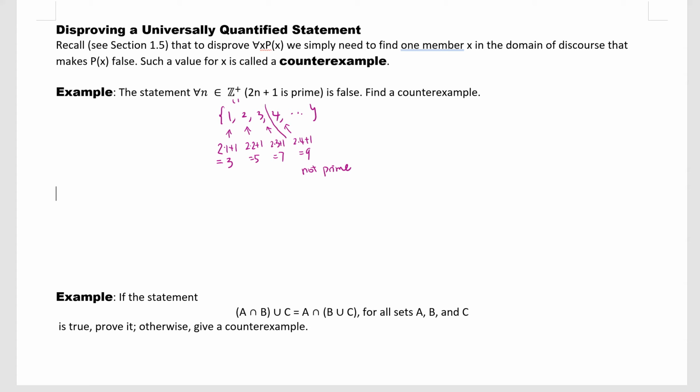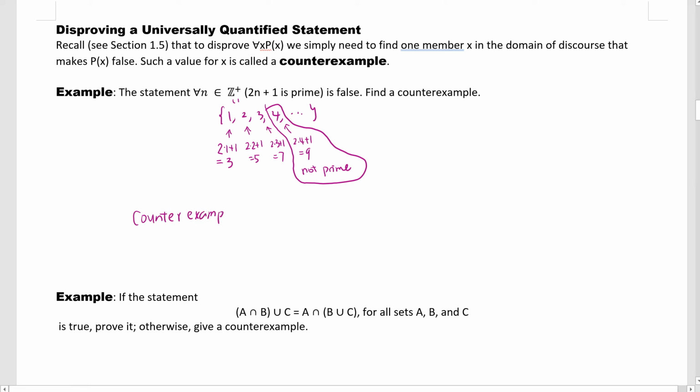See, we found the counterexample. So we can pick n equals 4, then 2n + 1 is 9, which is not prime.